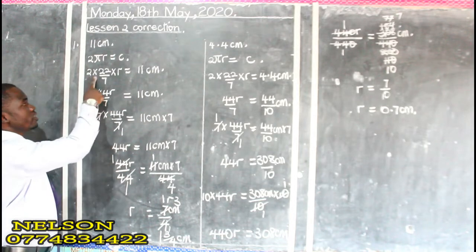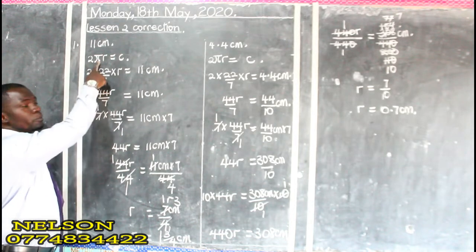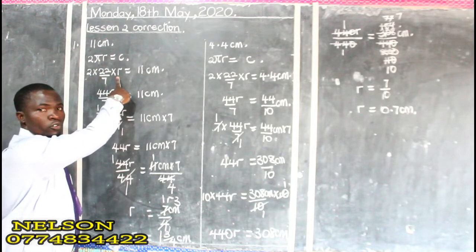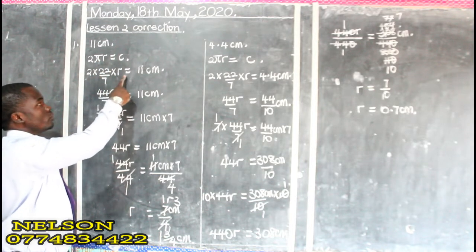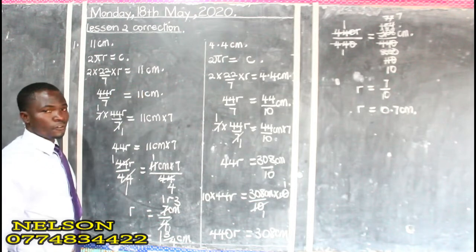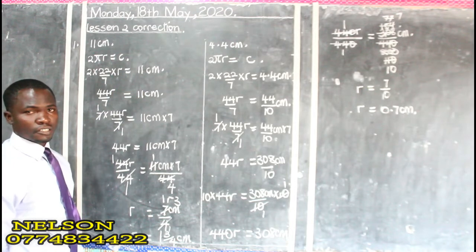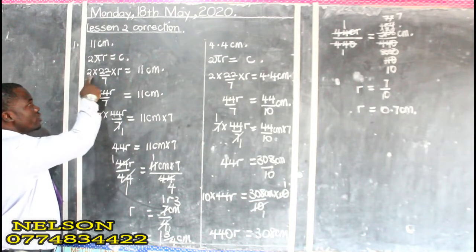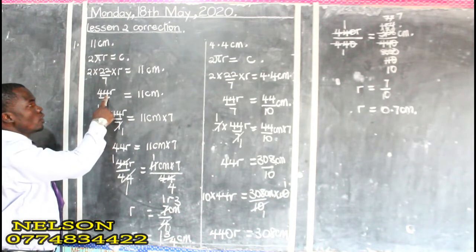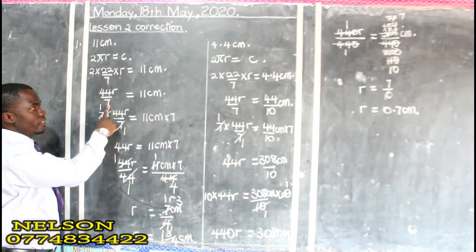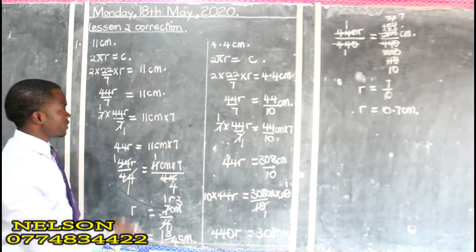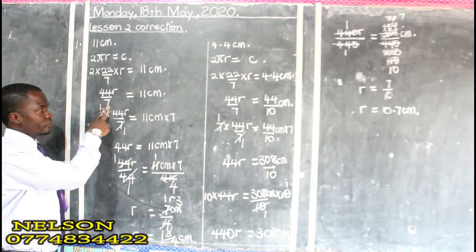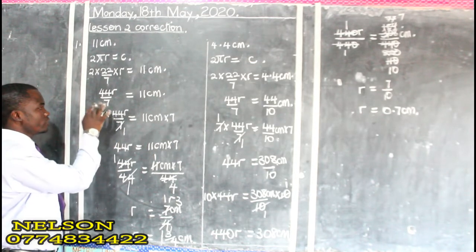We had 2 times 22 out of 7 representing pi, and then r remained because it is the one you are looking for, equals circumference, which is 11 centimeters. If you multiply 2 times 22, you get 44 r out of 7, equals 11 centimeters. Came down and we removed 7 from down.